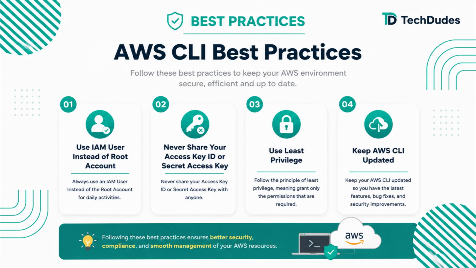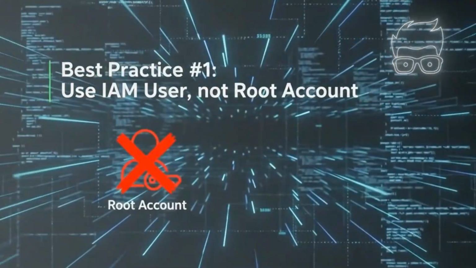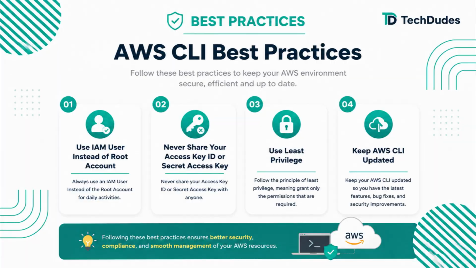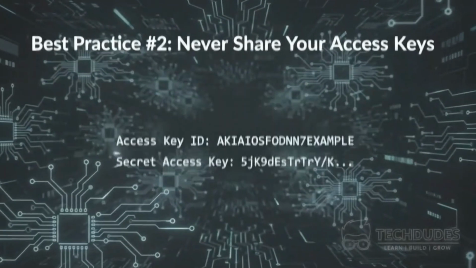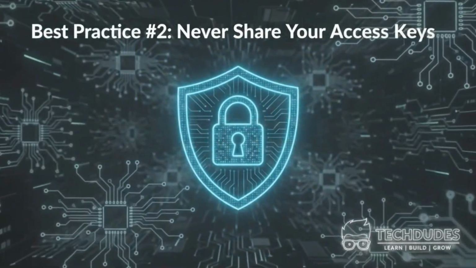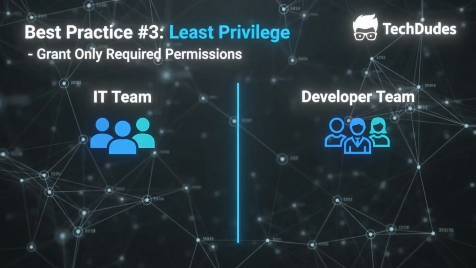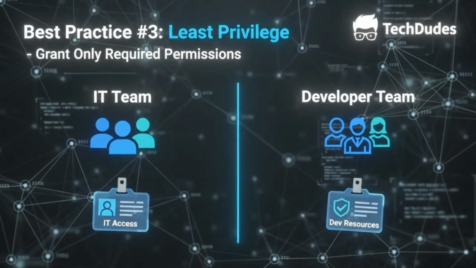Okay. Before we finish, let's look at a few AWS CLI best practices. First, always use an IAM user instead of the root account for daily activities. Okay. Second thing, never share your access key ID and secret key. Third thing, use the principle of least privilege, meaning grant only the permissions that are required.